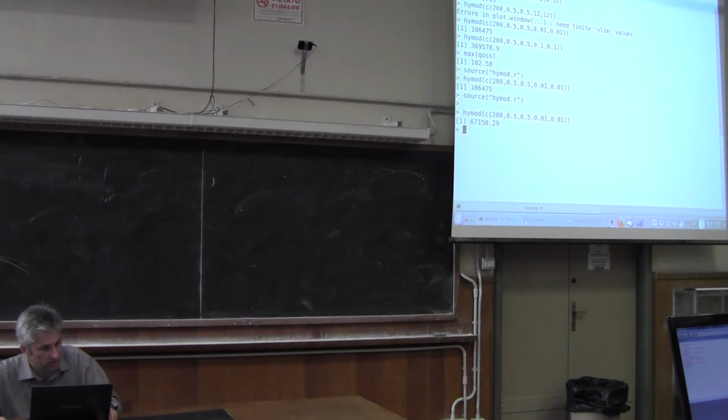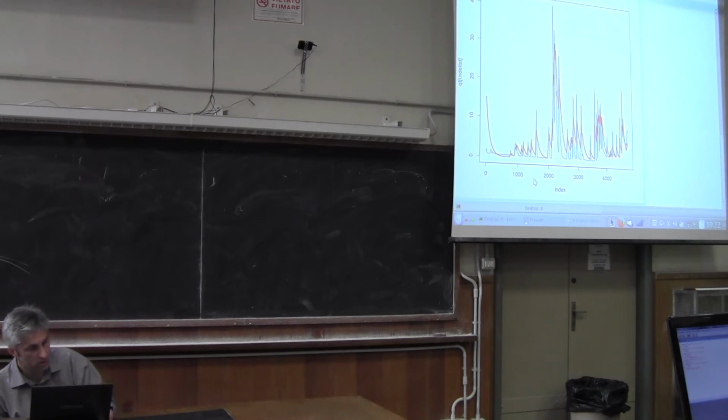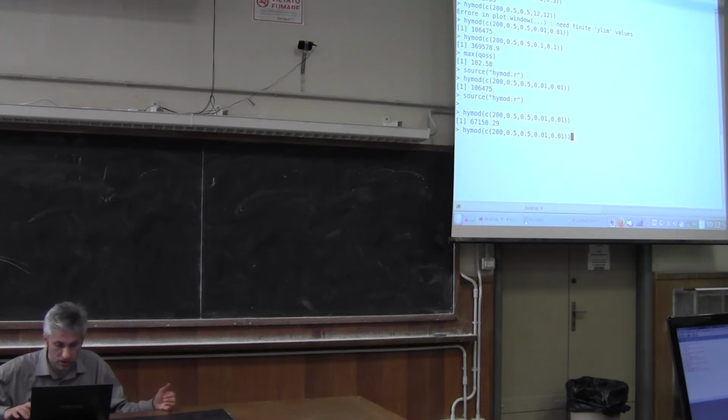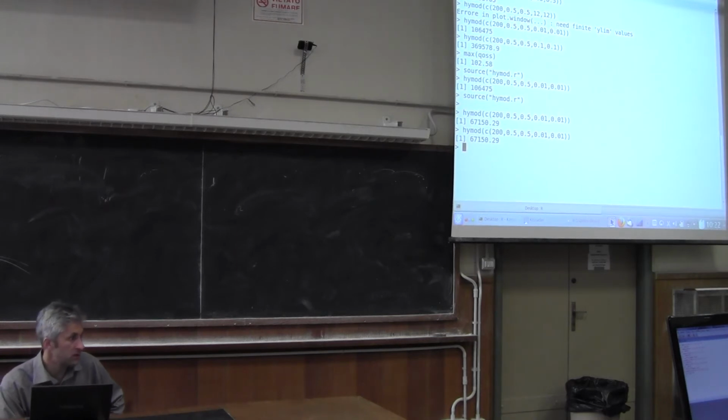Let me check if everything is fine. Yes, you see that, first of all, it was much quicker, and the graph is automatically adapted. Okay, at this stage we can start with the automatic calibration.